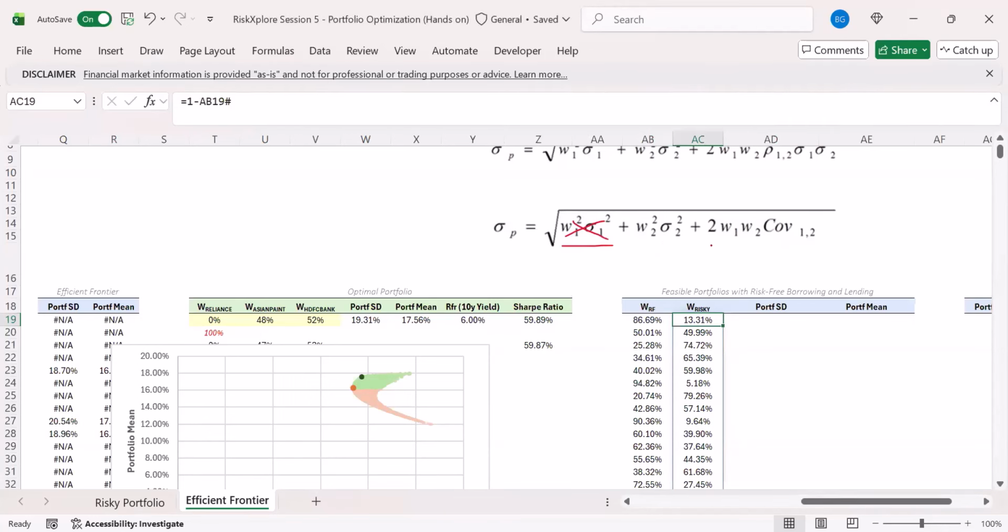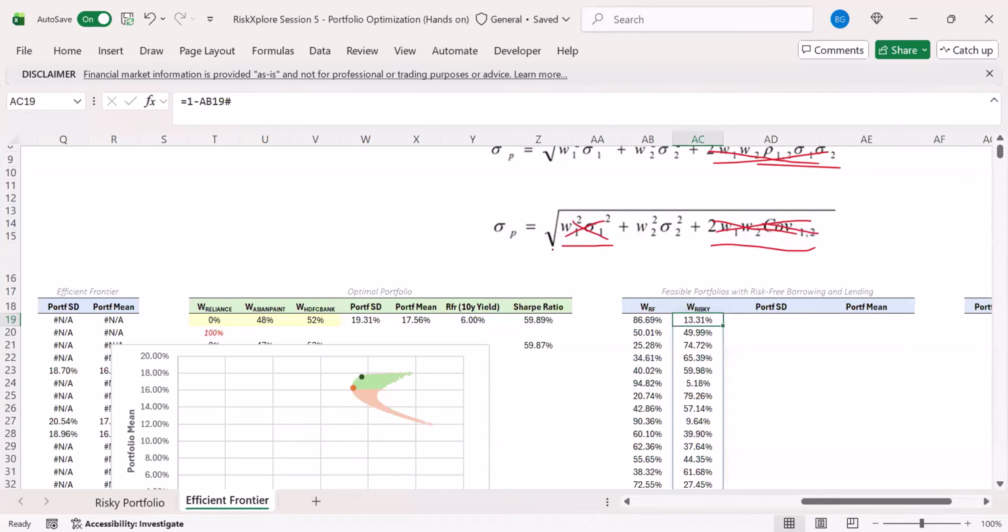Now similarly, if we look at this formula here, correlation into SD1 into SD2, SD1 is 0, so this component will become 0, and similarly this component will become 0, right?